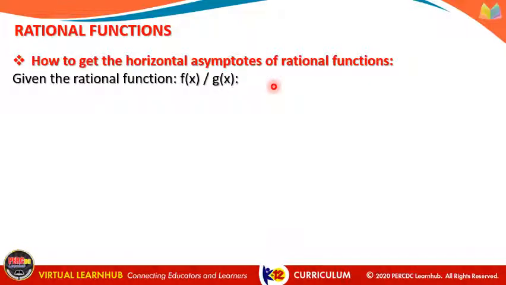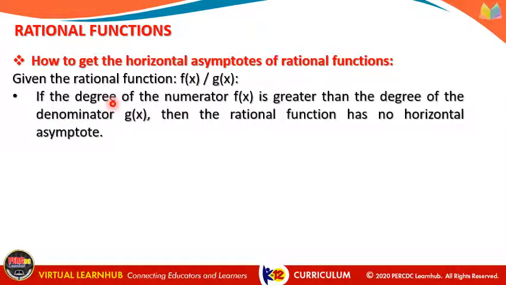Now, ito yung mga conditions natin. If the degree of the numerator is greater than the degree of the denominator, then the rational function has no horizontal asymptote. Kapag daw mas mataas yung degree ng polynomial na nasa numerator kesa sa nasa denominator, wala tayong horizontal asymptote.